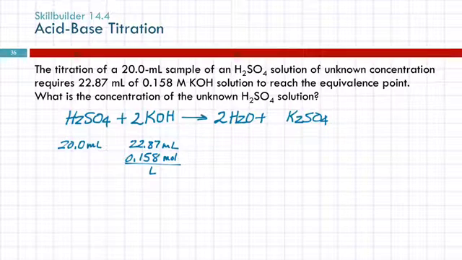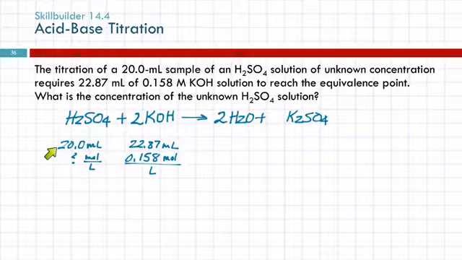That's a conversion factor. What are they asking us for? The concentration of this H2SO4. Moles per liter. So if we want moles per liter, we need moles of H2SO4 and we need volume in liters.